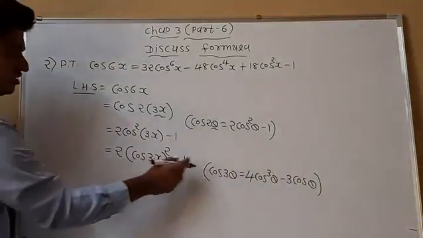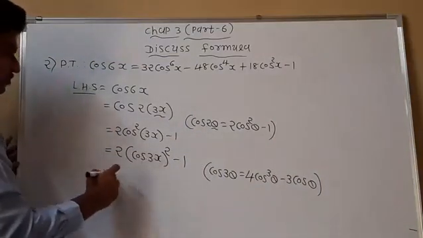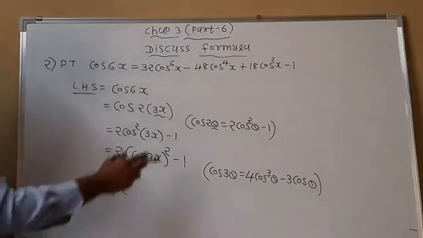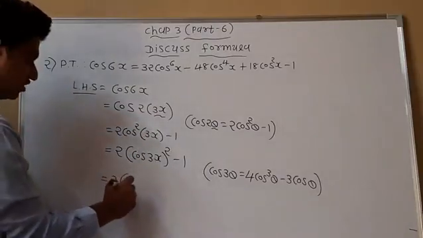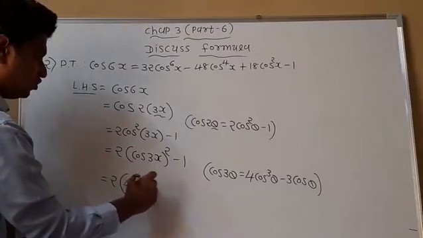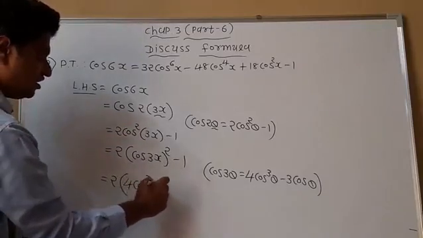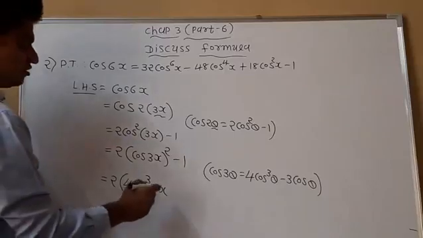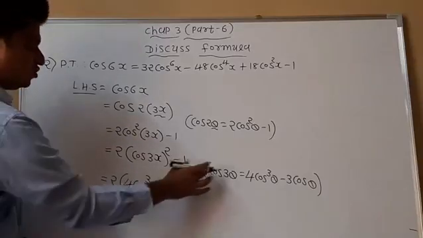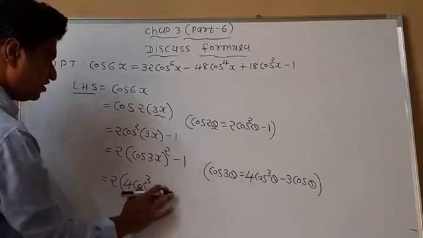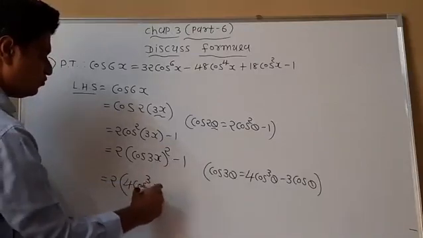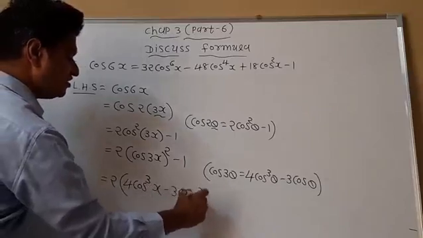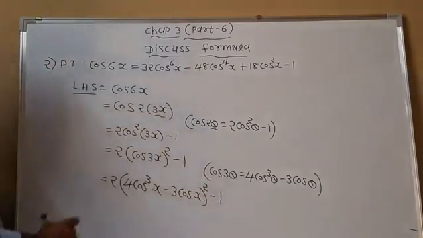Now here, θ in place of x form is present, so written here 2 into bracket (4cos³x − 3cosx) whole square minus 1.